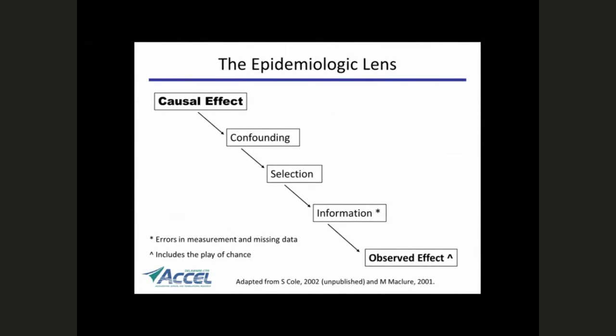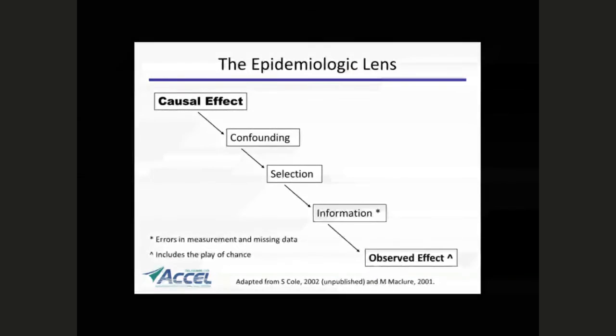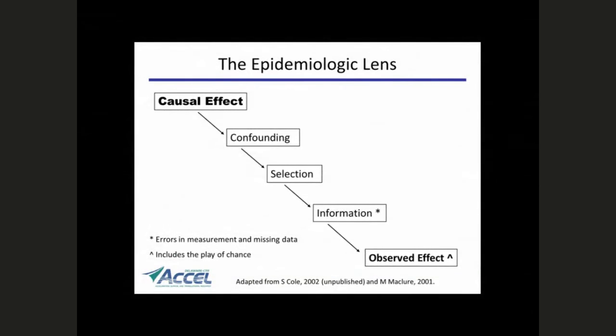And so what we have is a kind of modification of this epidemiologic lens. Think about a telescope. Through a telescope, we can view what's out there beyond what we can see with the naked eye. And through our epidemiologic lens, we see some observed effect, this statistical association, and we can then view what's out there beyond just my one statistical study, because what I want to see is the true causal effect.